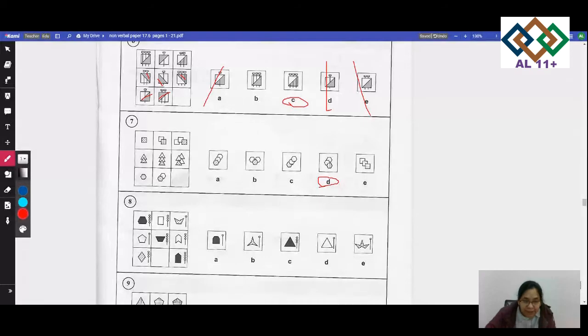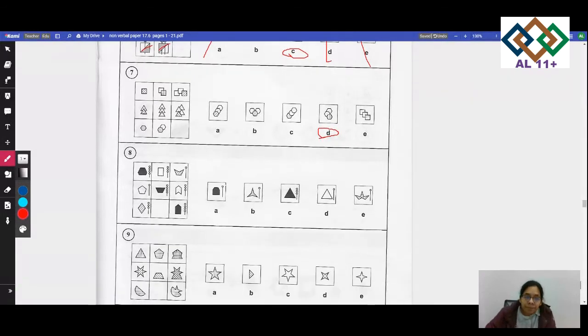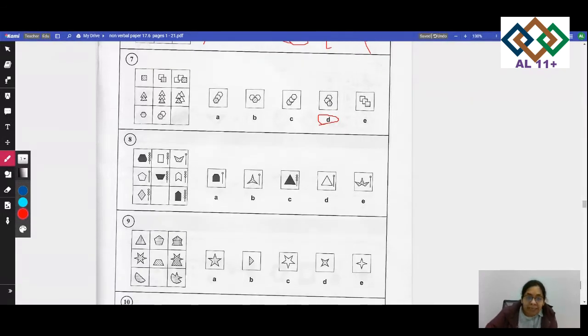So let's look at number 8 now. So what's happening in number 8? Each column must contain a black shape, a white shape, and a shaded shape. So what shade are we looking at? The one which is not shaded, right? So cancel the one which is shaded in this.